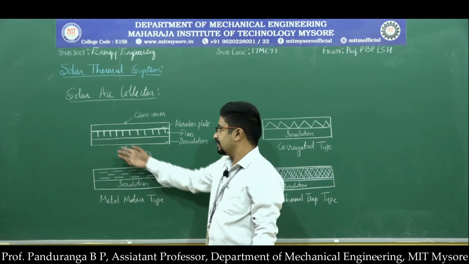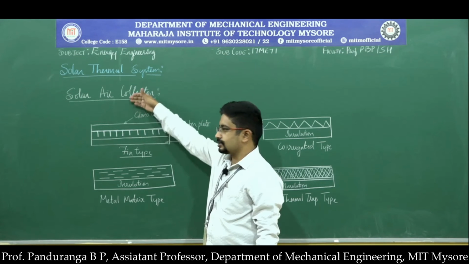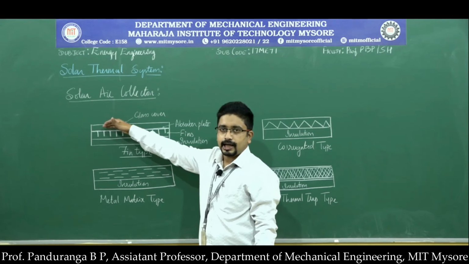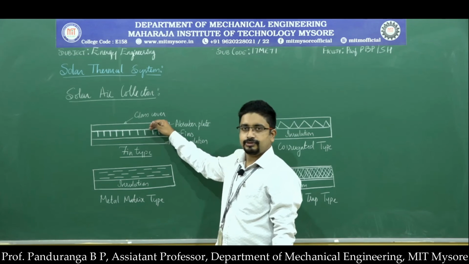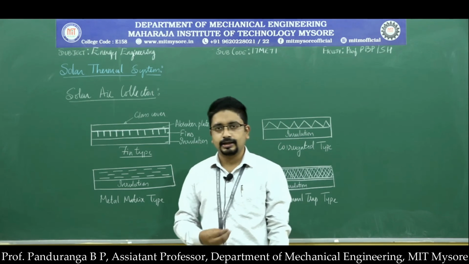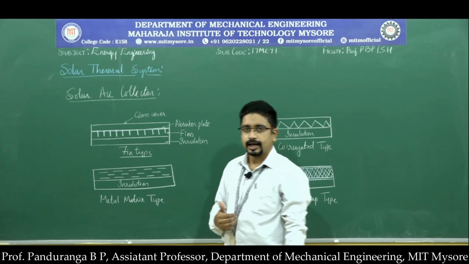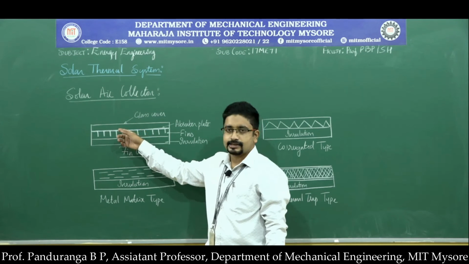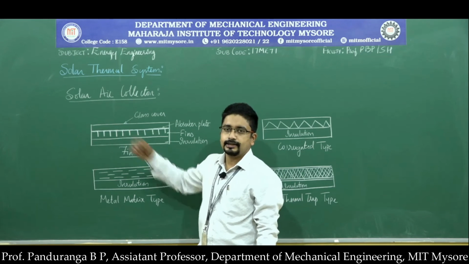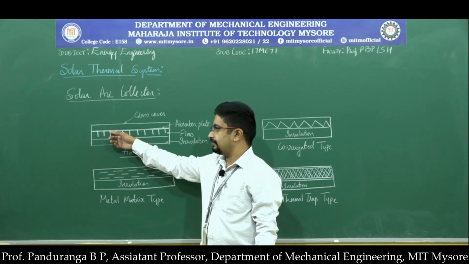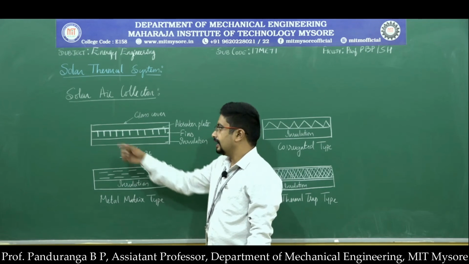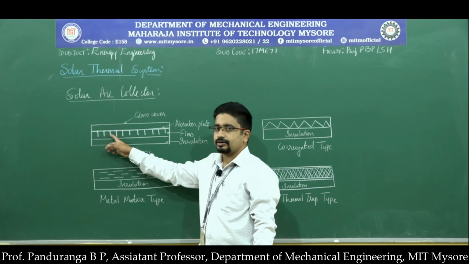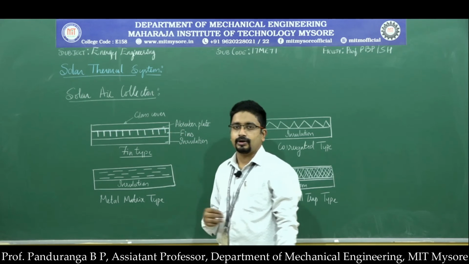So in the fin type, this is the absorber. The solar radiation will fall on this, and at the top we have the glass cover, which acts as a transparent layer for the solar radiation, and it acts as an opaque layer for the reflected radiation. So the absorber plate will absorb the solar radiation or solar heat energy, and then that will be transferred to the air which is flowing below that.